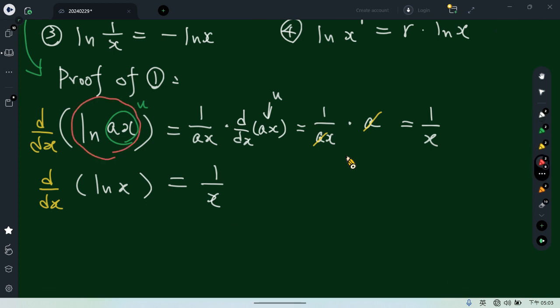Even though they are different, they have the same differentiation result, right? I'm not sure if you still remember, if these two functions have the same differential result, then the difference between the two original functions will be just a constant.